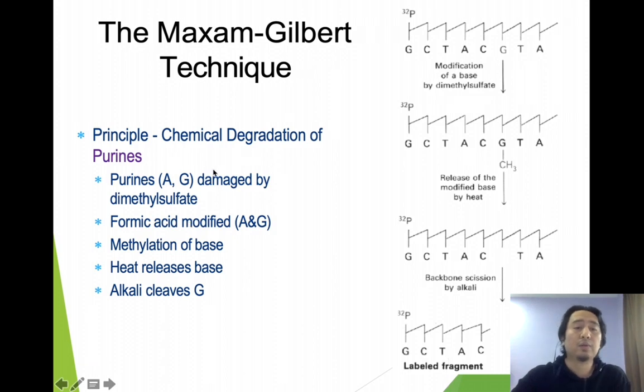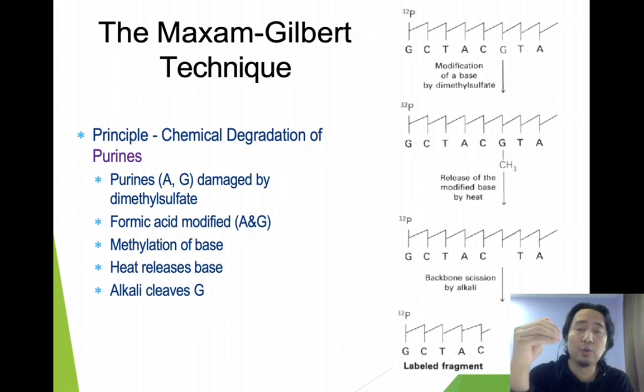They are damaged by DMS, or dimethyl sulfate. Dimethyl sulfate functions as a methylation agent, so it adds a methyl group to adenine or guanine, which modifies the nucleotide structure of the purines A and G. You can also use formic acid, which will recognize both A and G.